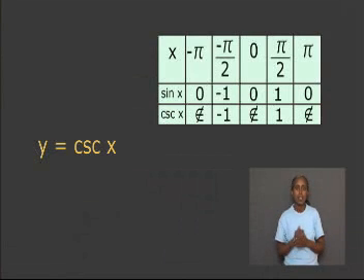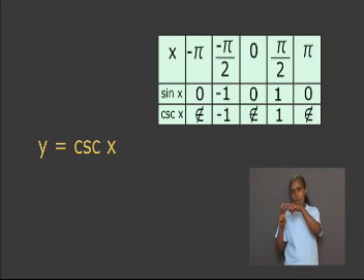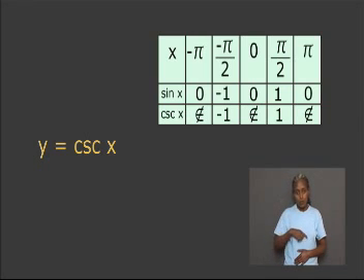Let us say we want to draw the graph of y equals cosecant x for negative pi to pi. First, we must find the coordinates for our graph. We can draw a table that will show the relationship between sine x and cosecant x.